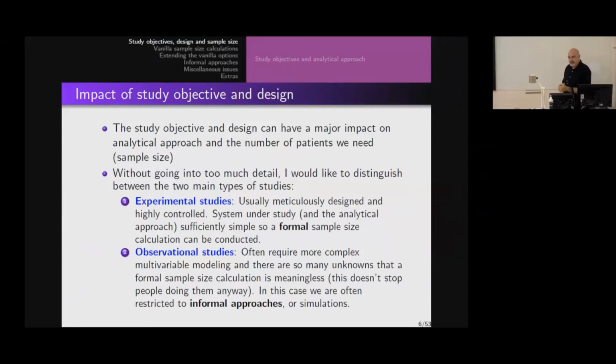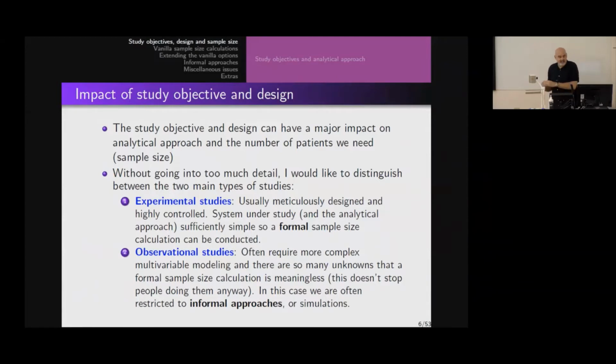First, experimental studies, such as randomized controlled trials. These studies tend to be meticulously designed and highly controlled. So the analytical approach we use in experimental studies is usually very, very simple, and it lends itself to formal sample size calculation.